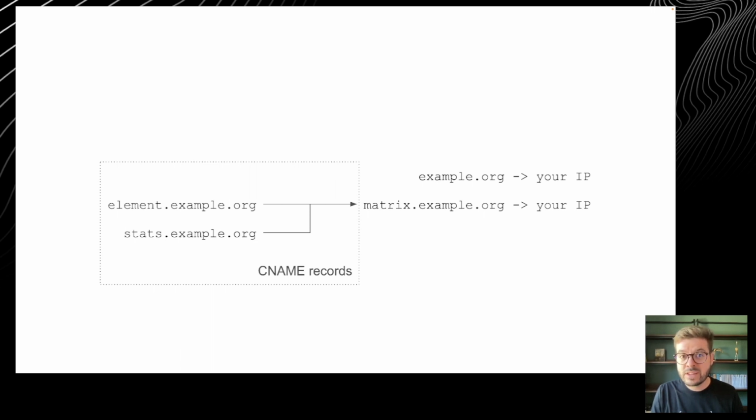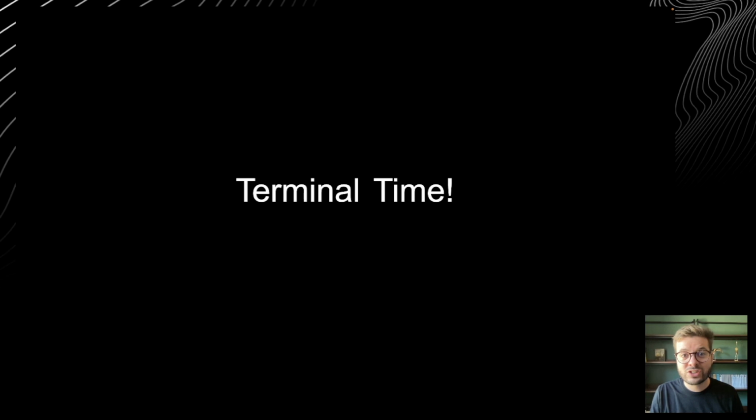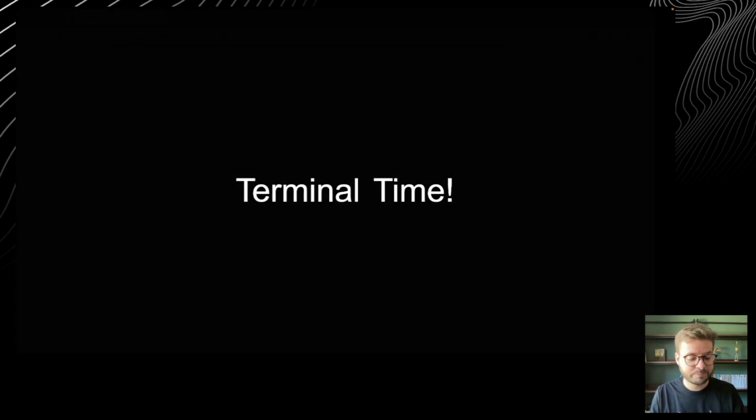We could set them as A records to the same IP of the server, but using CNAME allows us to do less work if we ever decided to move to another server. We're not going to cover how to add those records to your domain name, and we're going to assume you have done it. So we can actually get started.